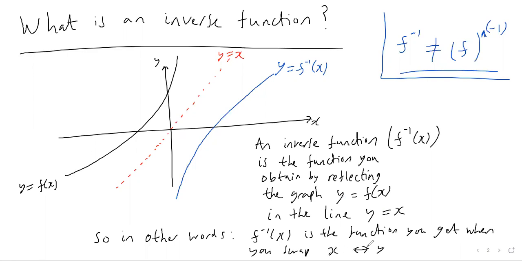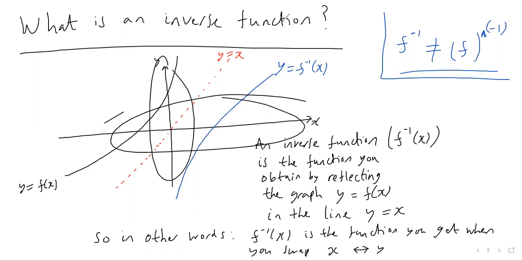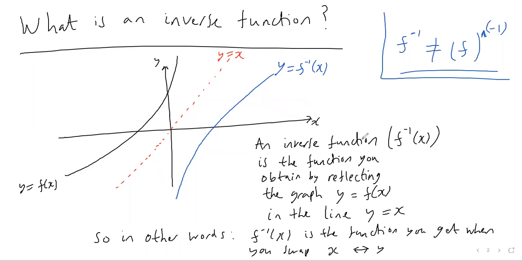I'm just using this notation here to denote swapping x with y values. Essentially, when you reflect a graph in the line y equals x, you're flipping the y-axis over to the x-axis and vice versa. That's how it works with these reflections. So that is what an inverse function is.